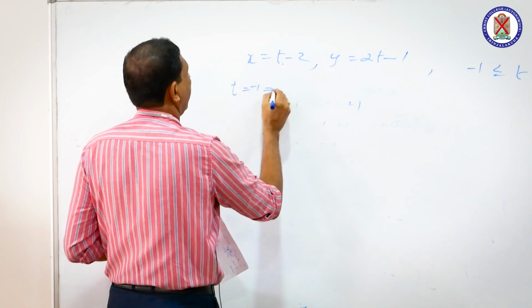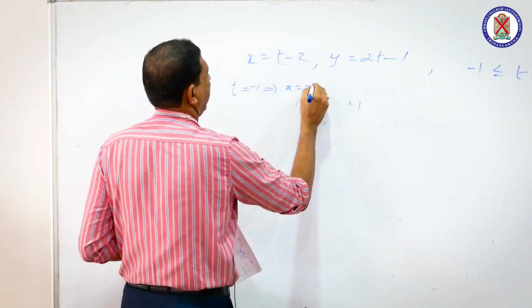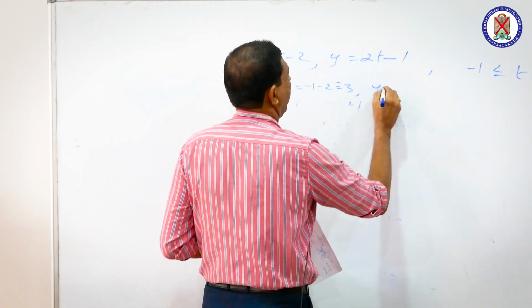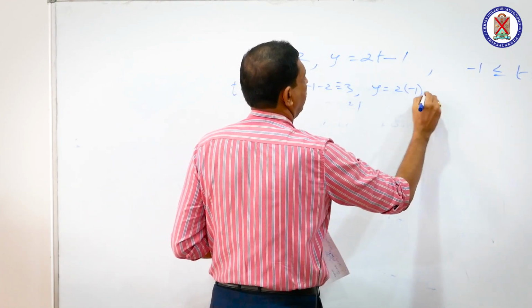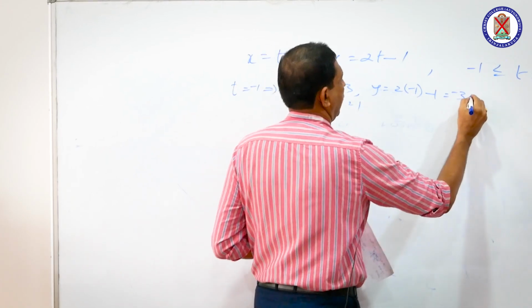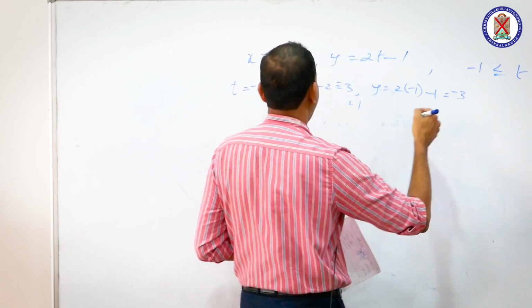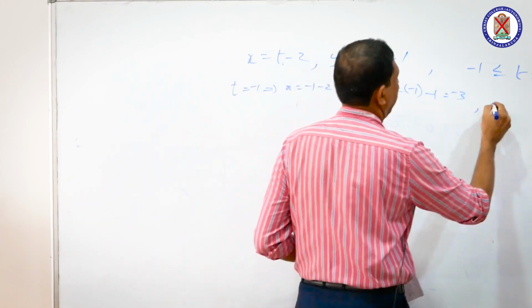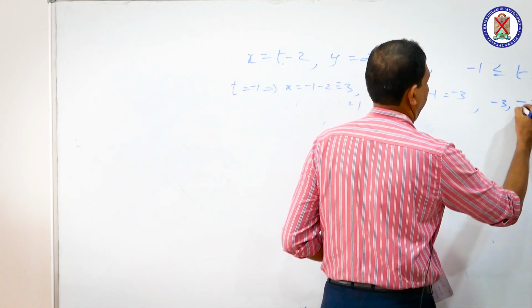t equal to minus 1 implies x is equal to minus 1 minus 2, that is minus 3, and y equal to 2 into minus 1 minus 1, that is minus 3. Therefore, the initial point becomes minus 3, minus 3.